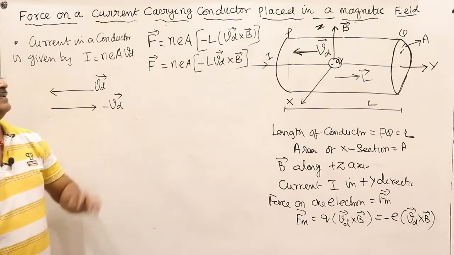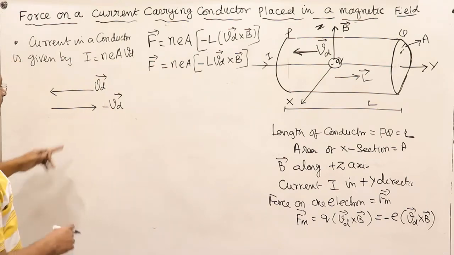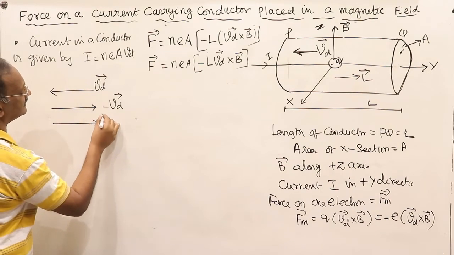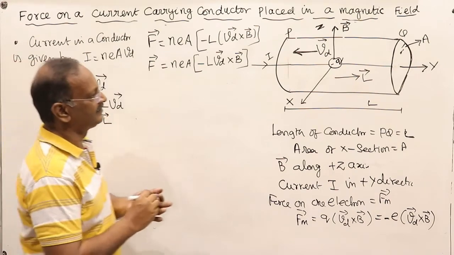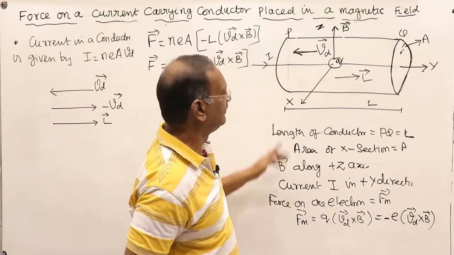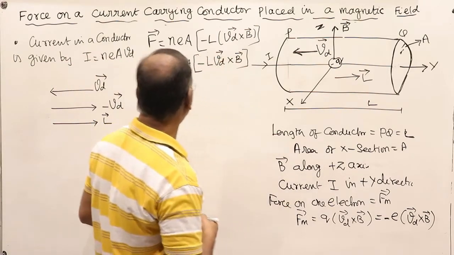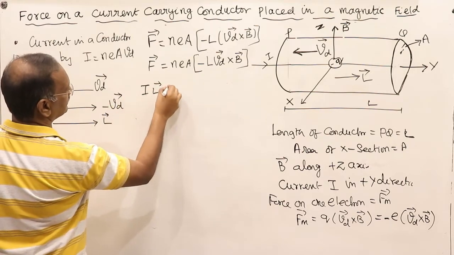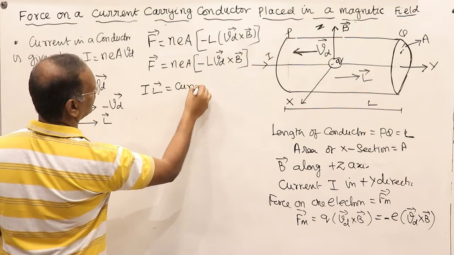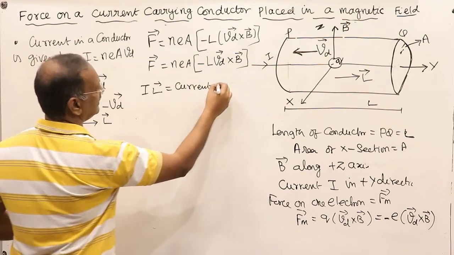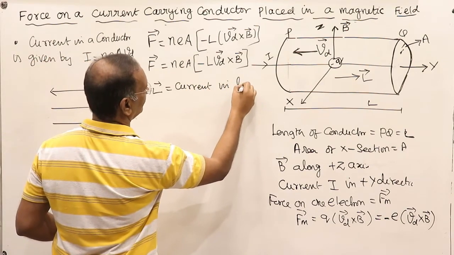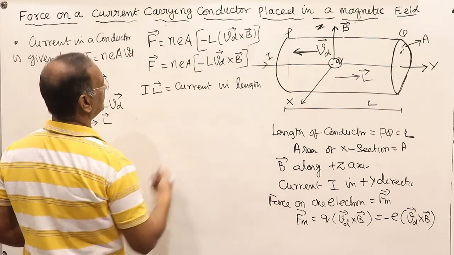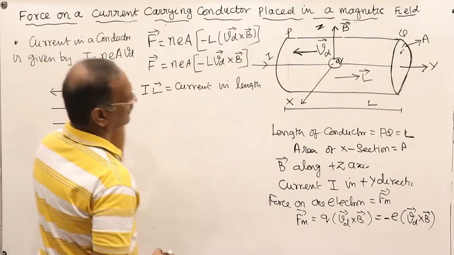So this is equal to N A L into Vd vector, and this is the direction, length vector. Why length vector? Because it is I into L vector. What is IL? IL is the current in a length or elementary length. If it is dl, it is an elementary length. It is a vector along the direction.